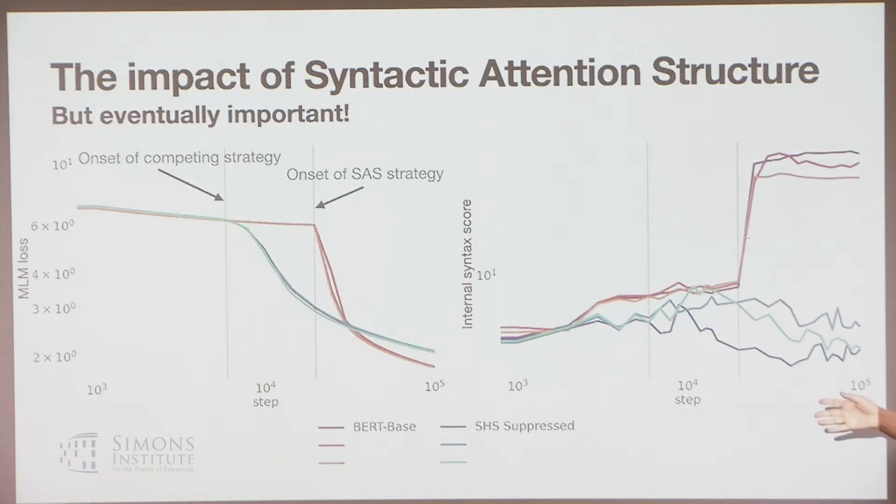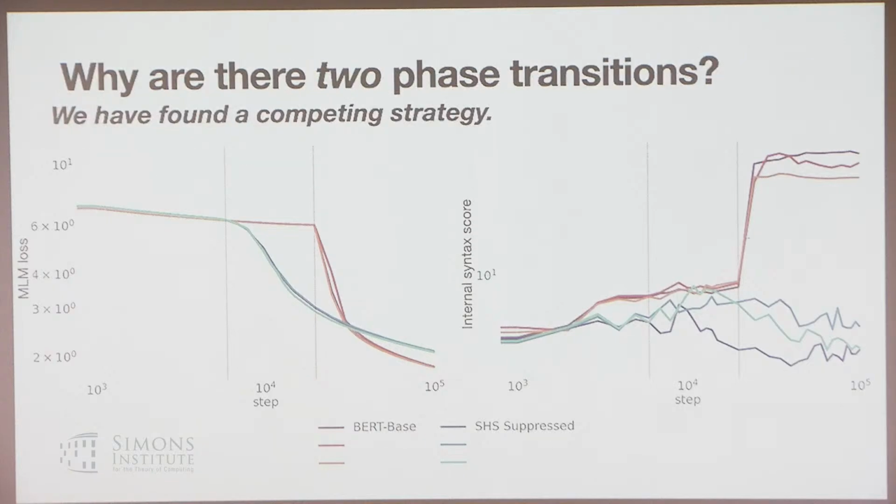But eventually, yes, you do get much better performance when you let the model learn this property. And importantly, if you suppress it, you do not hit this nice phase transition, and you don't get the grammatical capabilities of the model that is allowed to use this sort of strategy.